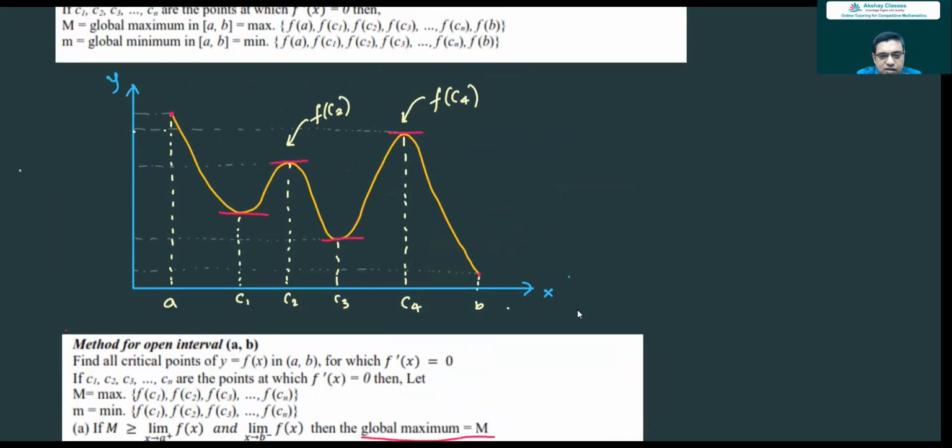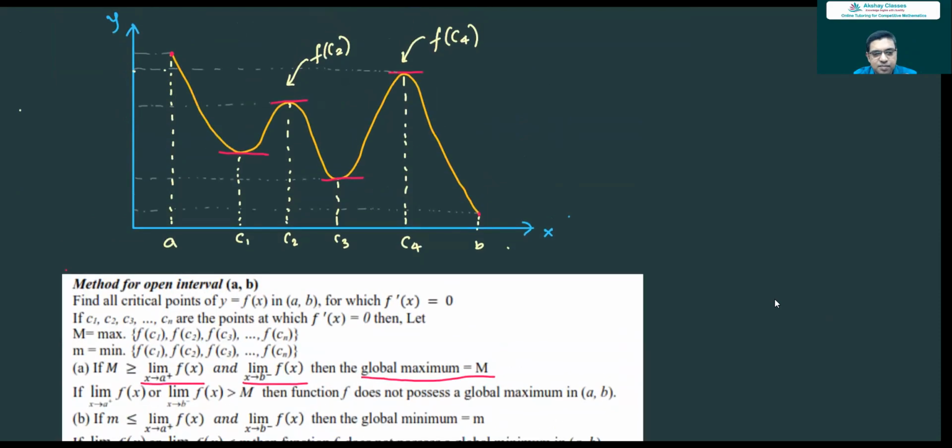Let us look at this example. Here, what is M? M is the maximum of f of c1, f of c2, f of c3, f of c4.